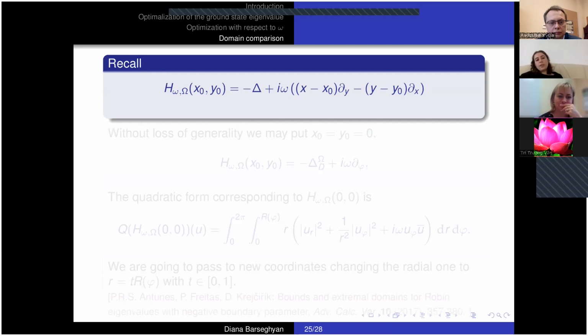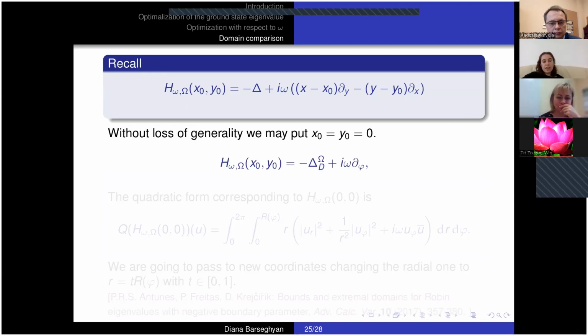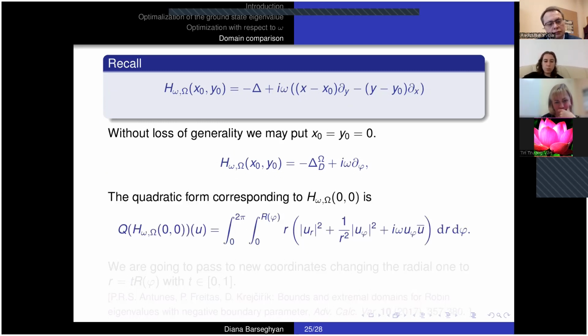And also we will give here a sketch of the proof. This is the original representation of our operator. Next, please. Without loss of generality, suppose that x0, y0 is the origin. Then we pass to polar coordinates. We get the Laplace operator in polar coordinates and the perturbation of the Laplace operator, omega multiplied by x minus x0 times the partial derivative, and y minus y0 times the partial derivative.